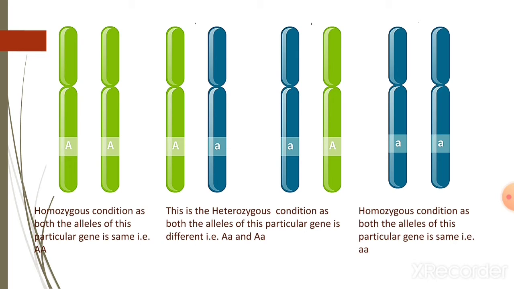And in the last figure, it is also a homozygous condition, as both the alleles of this particular gene are the same, that is small a, small a.